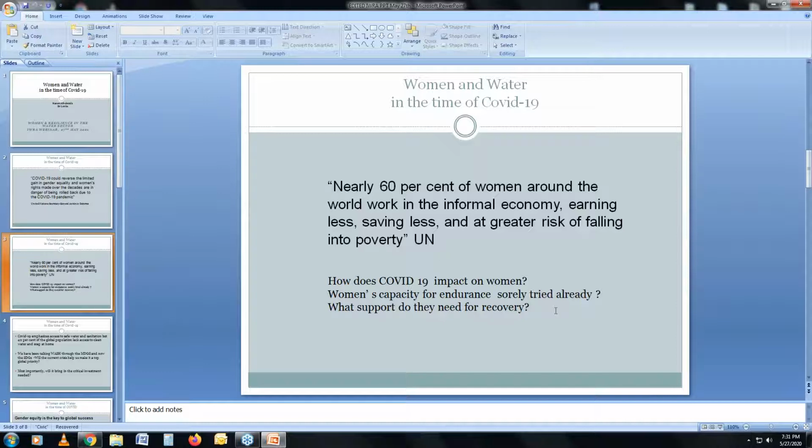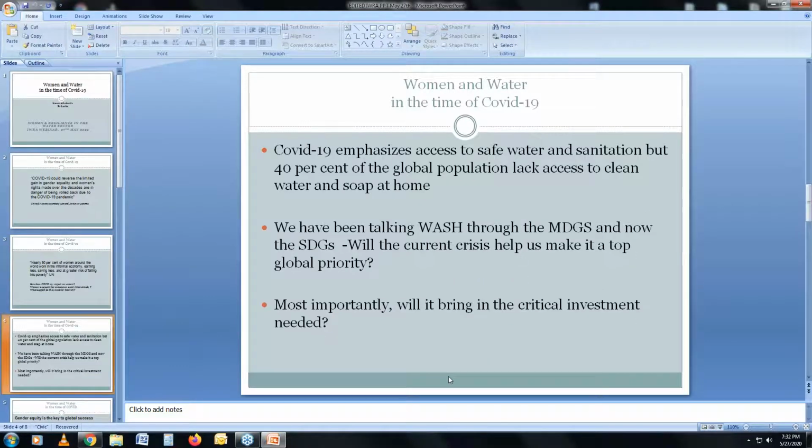And I really see no special effort in the support programs that we have, helping these women to get into some kind of recovery mode. We have been talking about WASH for years now, but COVID tells us if you want to stay safe, you have to wash your hands for 20 seconds and you have to use soap.